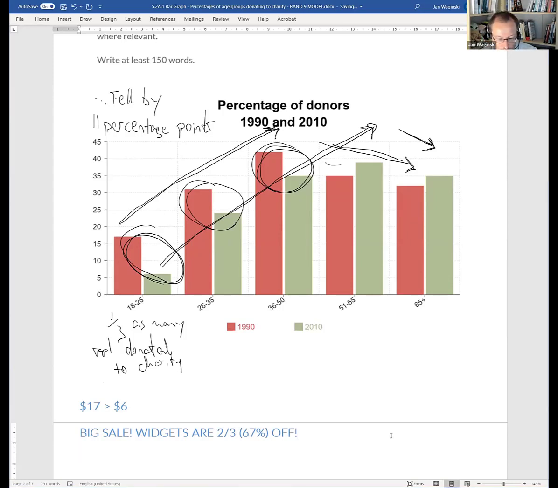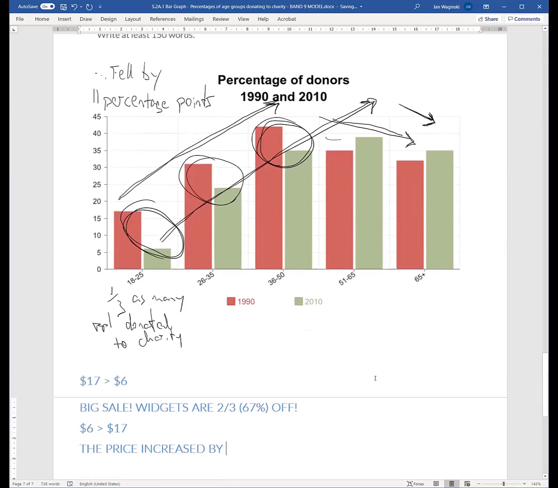Or if the price goes up from $6 to $17, again, that's roughly 3 times. How much did the price increase? Three times more, but that's about 200%, right?